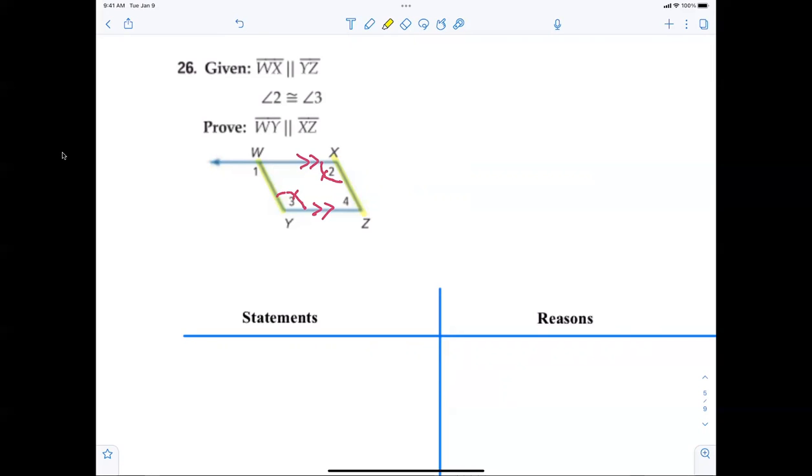Because 1 and 2, okay, so just to make sure, 1 and 2 are proving that WY is parallel to XZ. Is everybody happy with that explanation? Angle 1 and angle 2 are proving that WY is parallel to XZ. So that's what I ultimately want to get to. So try again.